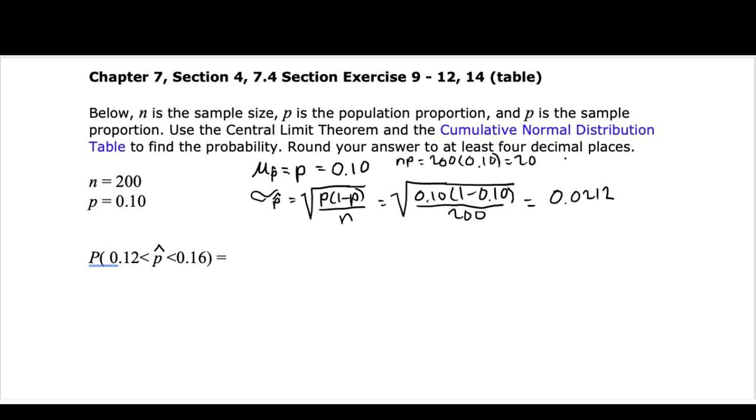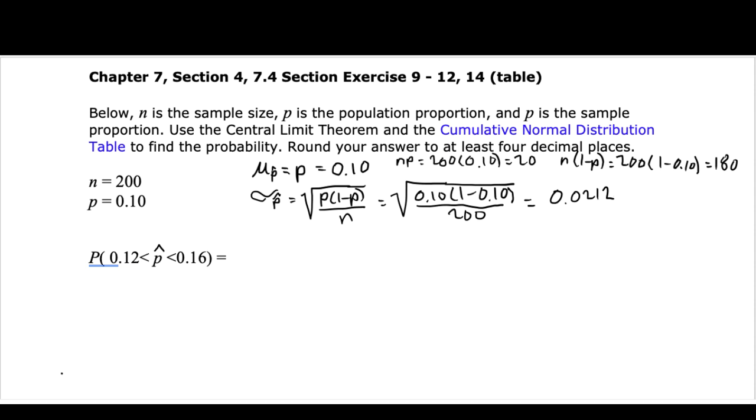And we also have to calculate n times 1 minus p, which is equal to 200 times 1 minus 0.1, and that equals 180. Now, as long as both of these numbers are at least 10 or higher, then that means the sample size is large enough that we can treat this distribution as a normal distribution. And those conditions are met.